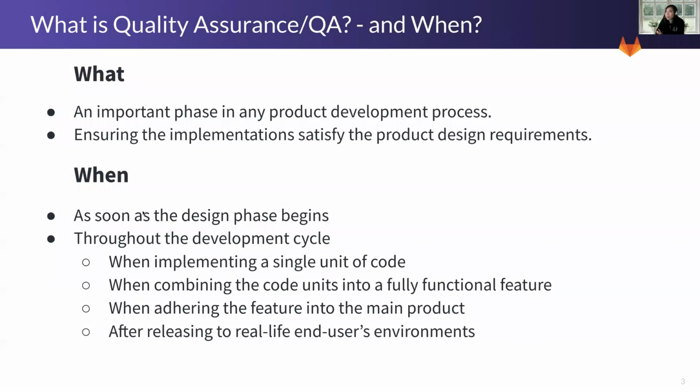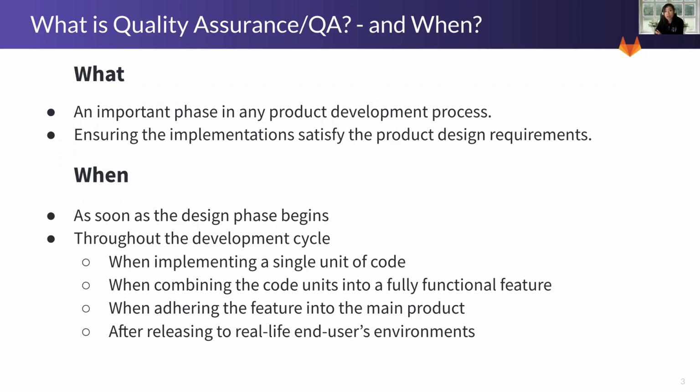Okay, so what is quality assurance, also known as QA? It is a very important phase in any product development process, and not just software, any type of product nowadays: food, car, and so on.